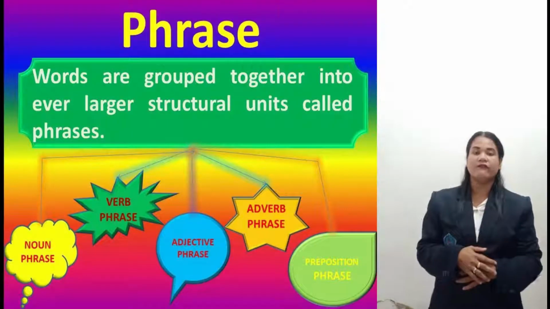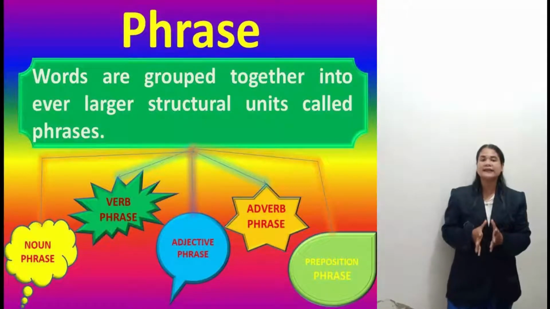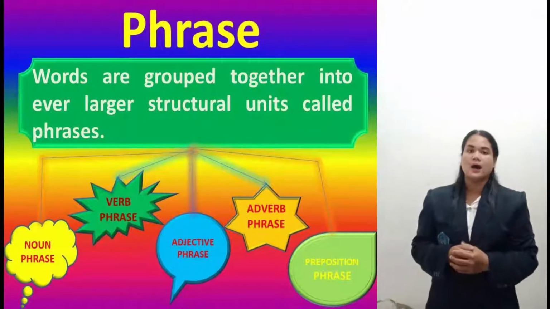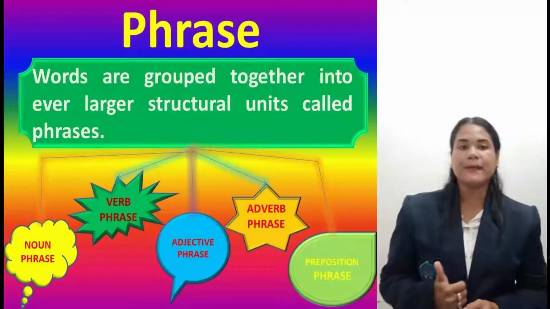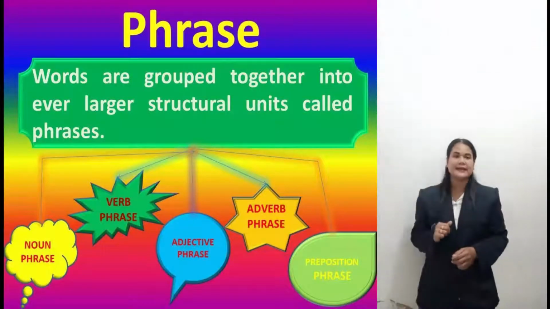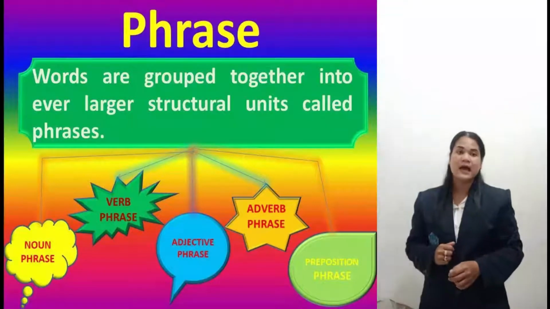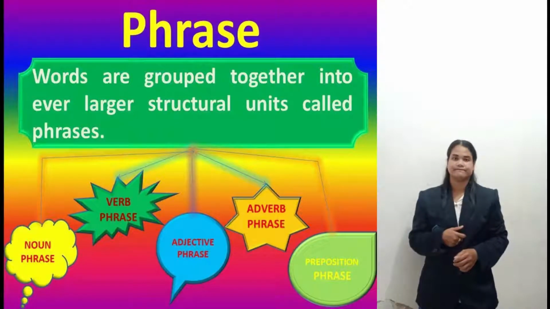Remember the following rules for preposition phrase, and you will find that using them becomes much easier. First, preposition phrase always consists of two basic parts at minimum: the object and the preposition.